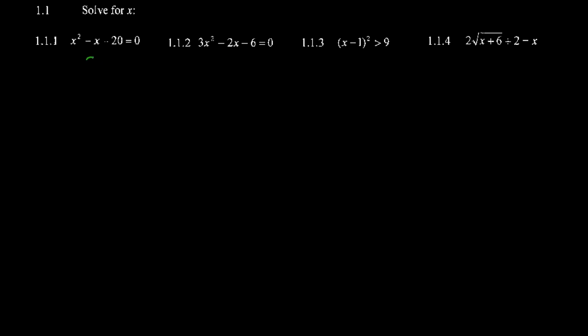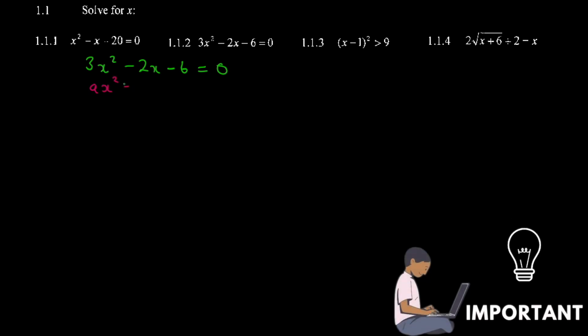It's 3x squared minus 2x minus 6 equal to 0. Now notice that this is analogous to our general formula for a quadratic. The general quadratic equation is ax squared plus bx plus c.